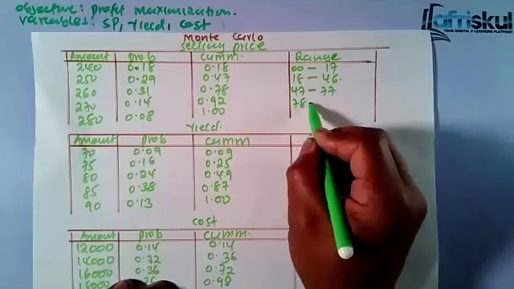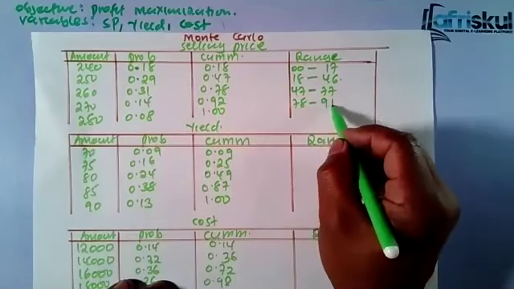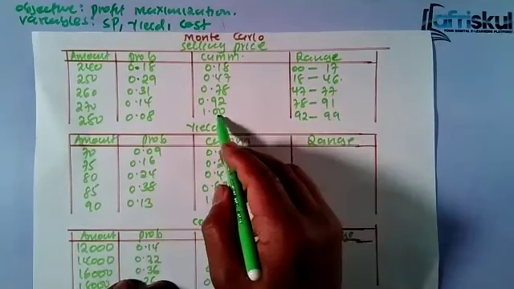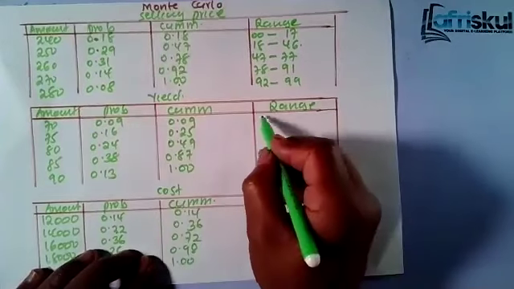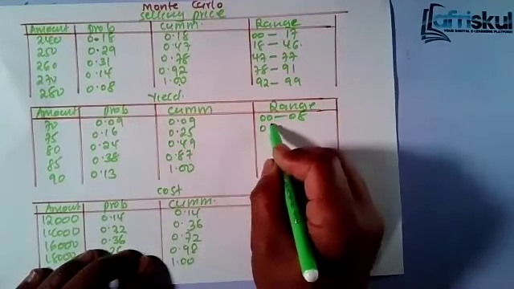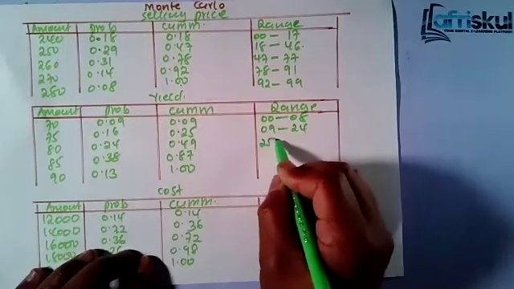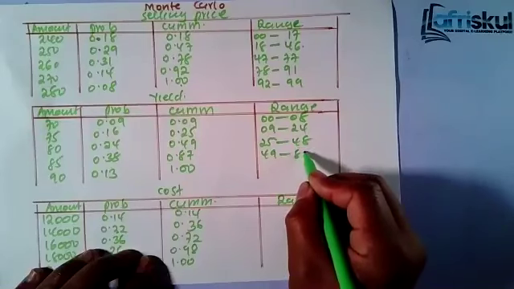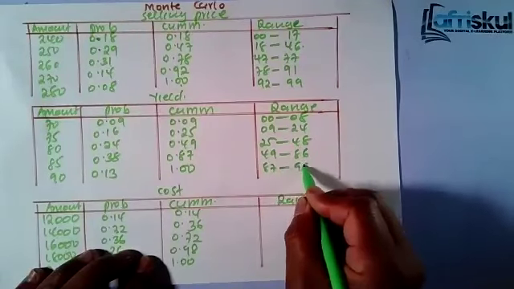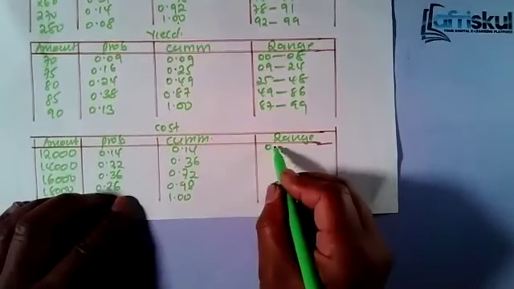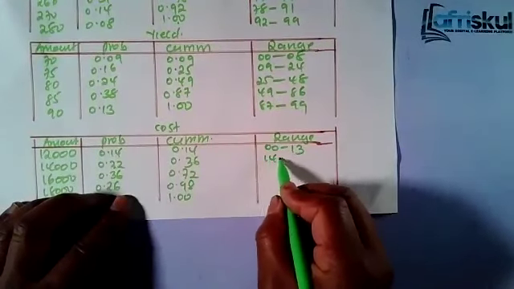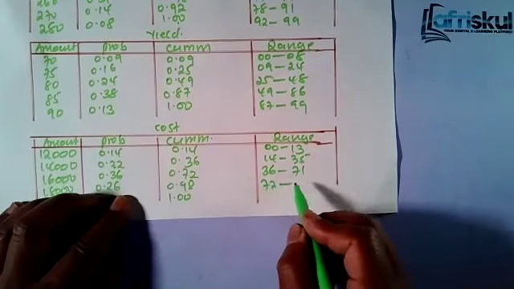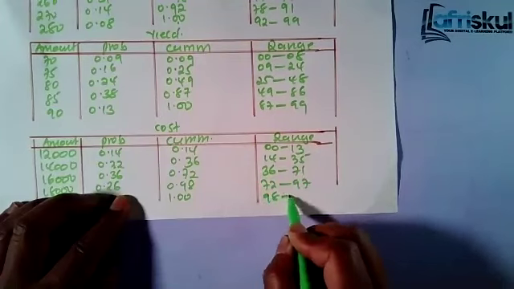Then start from 78 to 91. And then from 92 to 99. Selling price ranges: 00 to 17, 18 to 46, 47 to 77, 78 to 91, 92 to 99. Yield ranges: 00 to 08, 09 to 24, 25 to 48, 49 to 86, 87 to 99. Cost ranges: 00 to 13, 14 to 35, 36 to 71, 72 to 97, 98 to 99.